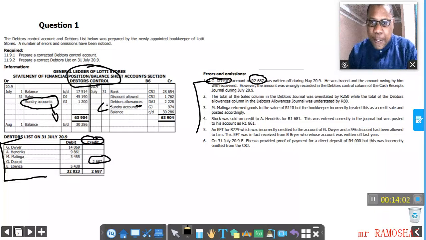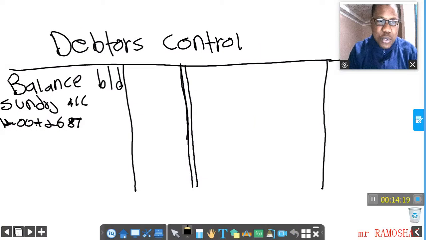So if you look at the sales, that means this 45,190 was more by what? By 250. So what should we do? We should simply come to the sales here. Let me leave a space so that if there is any sundry account, we are allowed to have a space, right?